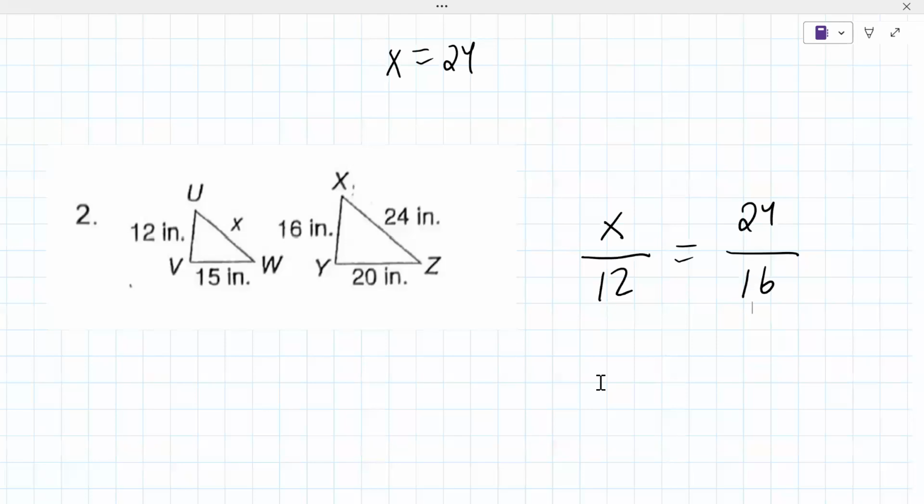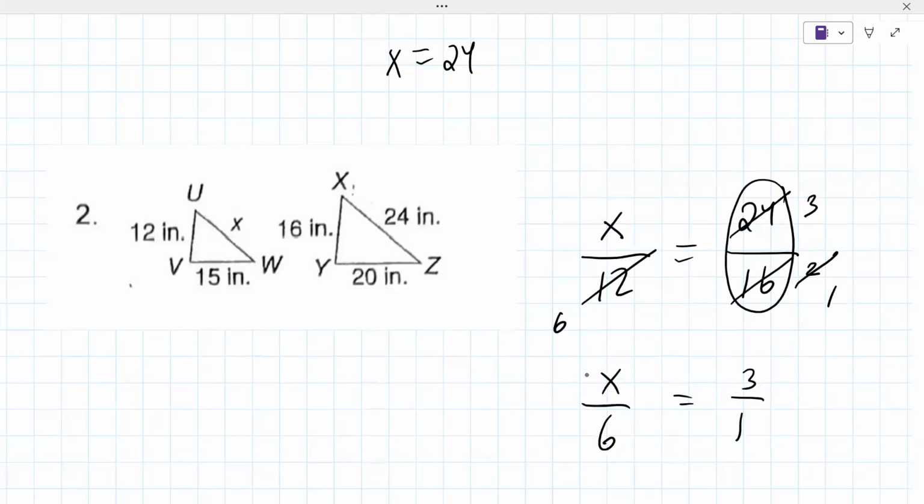Would the new one be X over 1 equals 2 over 16? Are you pre-reducing? Yeah. I would work on this one first. 8 goes into both, and then 2 goes into both of these. So it's x over 6 equals 3 over 1. Couldn't you do the 12 and the 24? No, you can only go vertically or horizontally, never diagonally. Never, never, never.